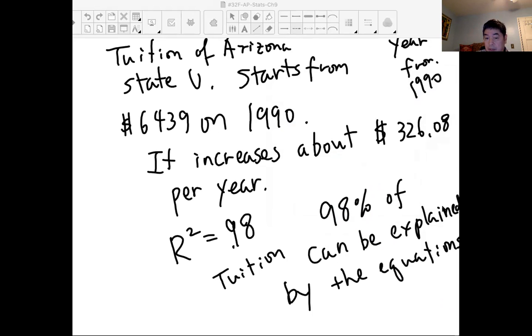Let me erase this. Mean is 0.35. You add 0.0123. So that's one standard deviation, about 0.3623. So it must be around here.